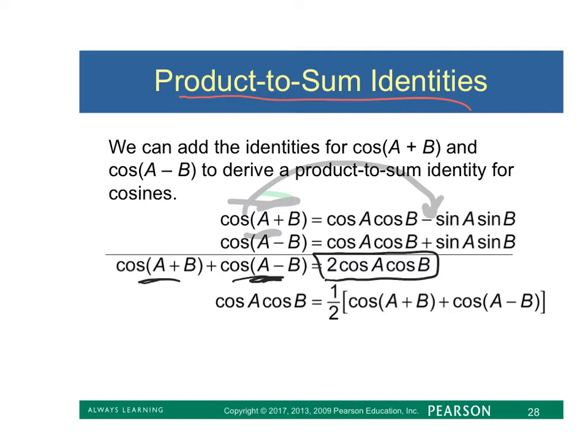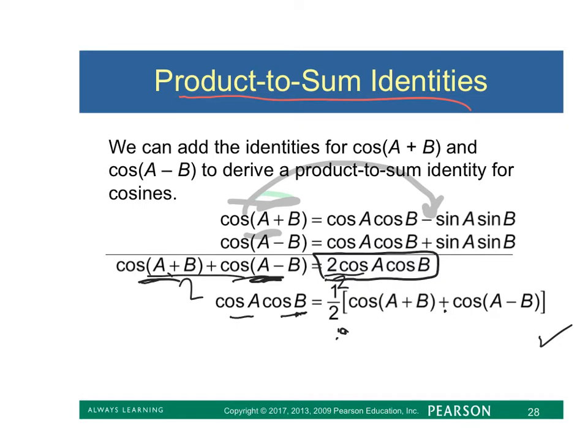Well, you have had cosine A times cosine B, if you think about it, but divide this by 2, that gives you the half of cosine A plus B plus cosine A minus B.